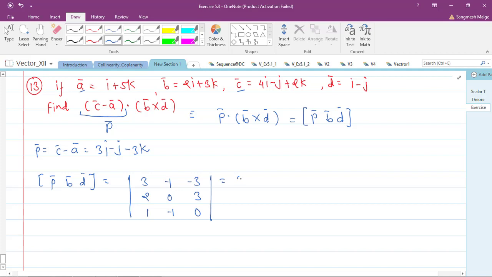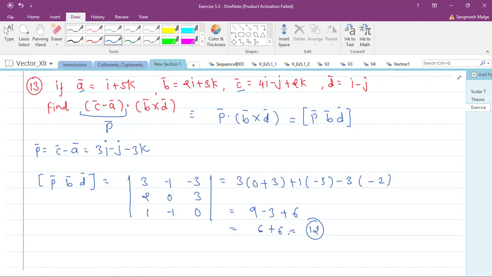Solve the determinant: 3 into 0 plus 3, minus minus plus 1 into 0 minus 3, and minus 3 into minus 2. So this is 3 into 3 is 9, minus 3 minus minus plus 6, which is 6 plus 6 equals 12. So 12 is the answer. Is this easy?